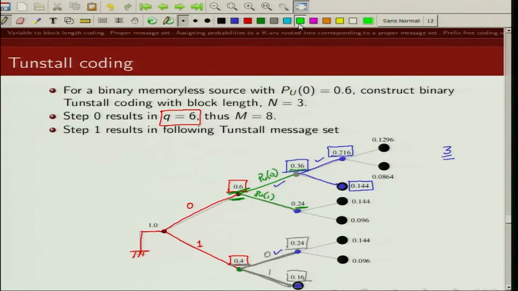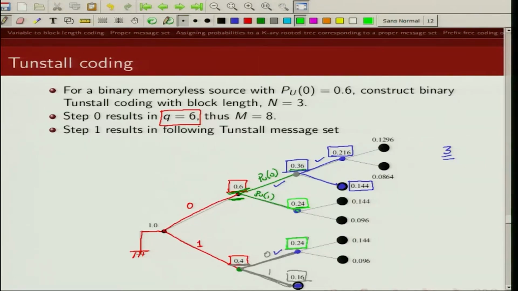Now, among the leaves that are left, we can see this has probability 0.24 and this has probability 0.24, and these are the two most likely leaves. So for the fourth extension, we should be extending any one of them. So let's extend, let's say, this one.